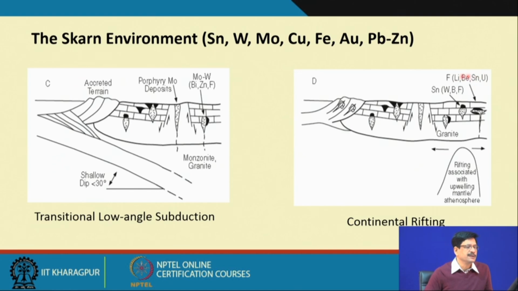We could see here some of them also do have uranium, beryllium and lithium, and these are the ones which have the maximum concentration of elements like lithium and beryllium, and these also sometimes have development of tourmaline in the country rock because of this boron metamorphism.